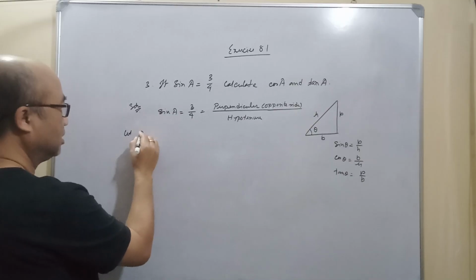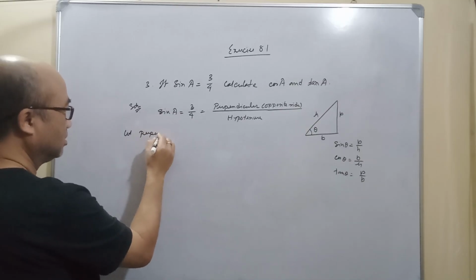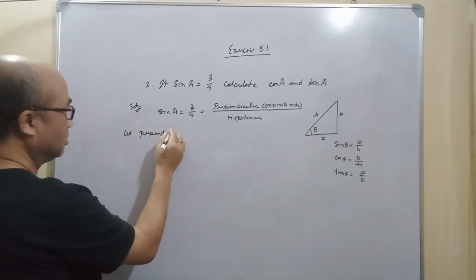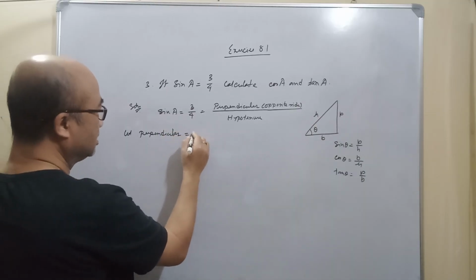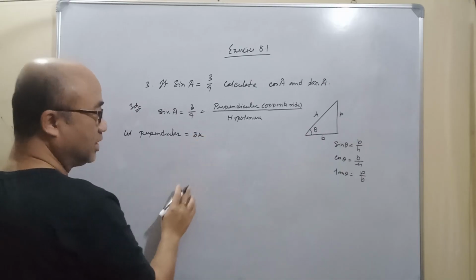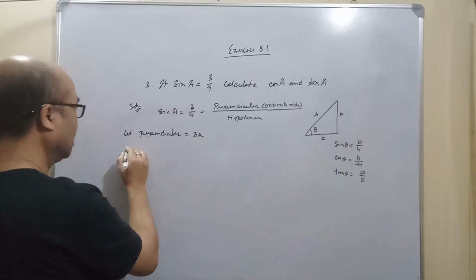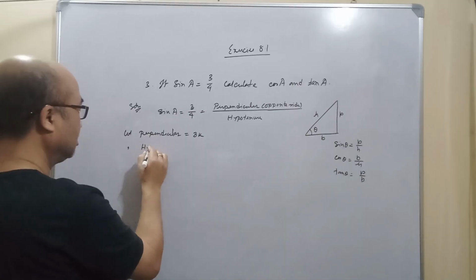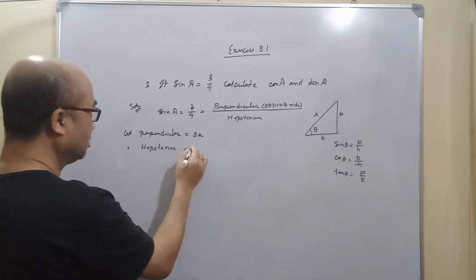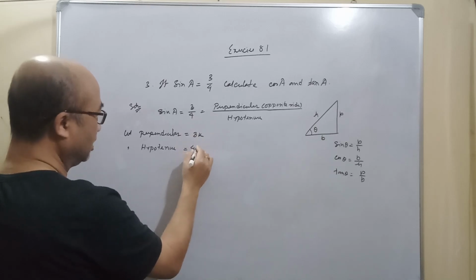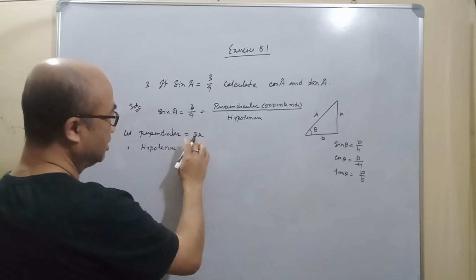So let perpendicular be 3k and let hypotenuse be 4k. Why have we taken 3k?